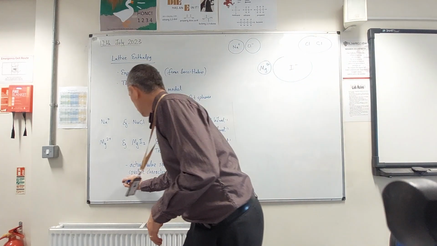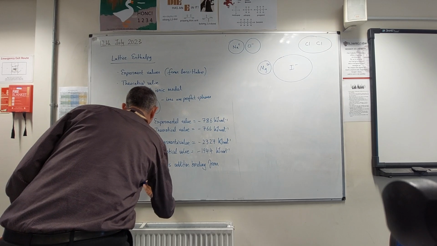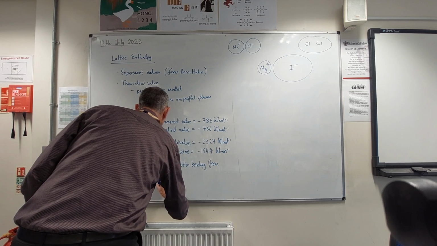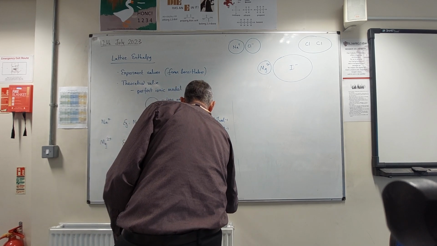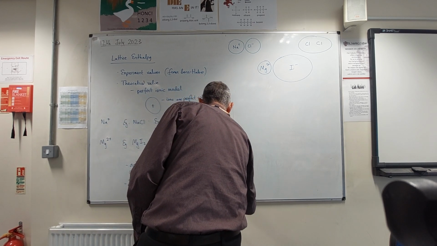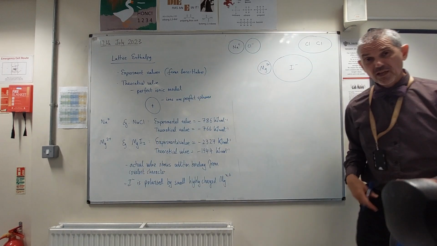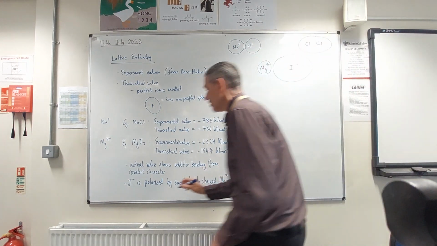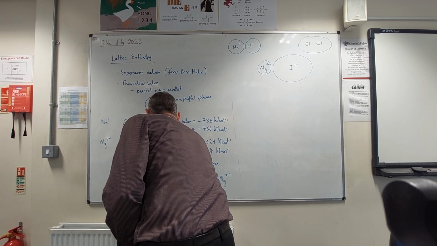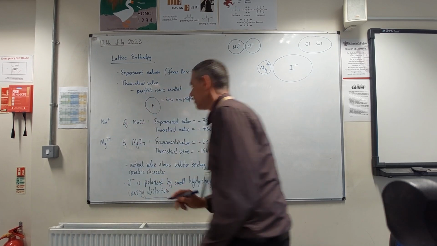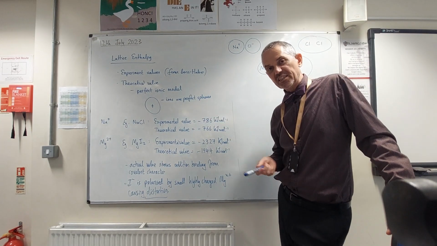So the ion is polarized by the small, highly charged Mg2 plus ion. And that changes its shape, causing distortion. Now remember, the perfect ionic model works on the basis that ions are perfect spheres.